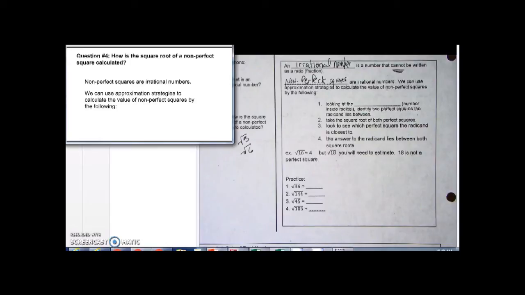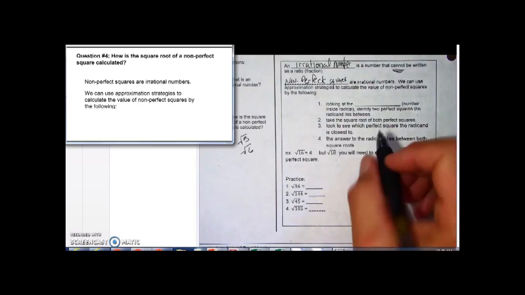So I might say the square root of 5, is it bigger than 2? Or is it bigger than 3? What is the square root of 4? 2 times 2 is 4, right? So the square root of 4 is 2. So the square root of 5, therefore, is going to be bigger than the square root of 4? Yes, it's going to be more than 2.